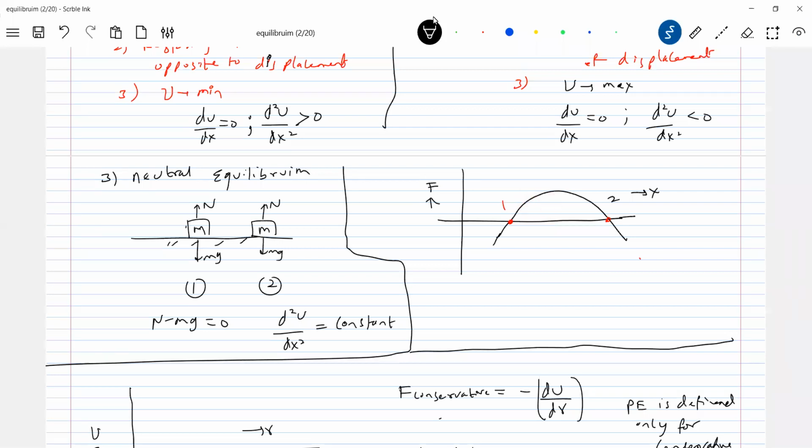So what is the convention? F positive means acting towards right, F negative means acting towards left. With this, what can you call it, stable or unstable equilibrium? Unstable equilibrium.